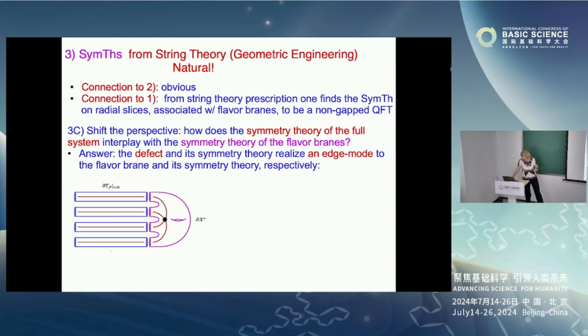So geometrically, again, with these excisions, we have the defect, we have the intersecting branes. Those are the tubular excised regions that we introduce.